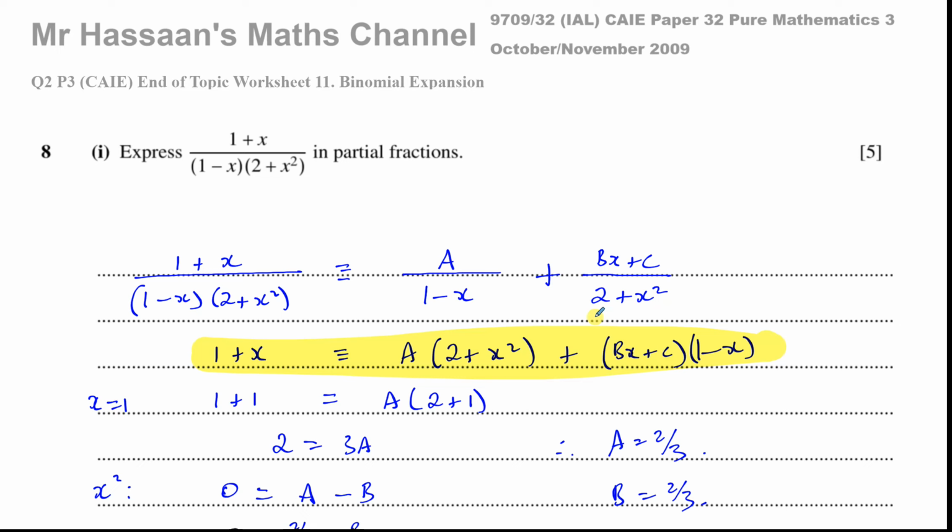So if you want to find part 2 of the question, just carry on the playlist that you're on, and you will find it if you're looking at the end of topic worksheet playlist, or if you're looking at this particular paper playlist, it will be one of the other questions in the playlist, hopefully the one right after this one. I'll put a link to the next video somewhere at the top of the page. So anyway, that concludes this question.